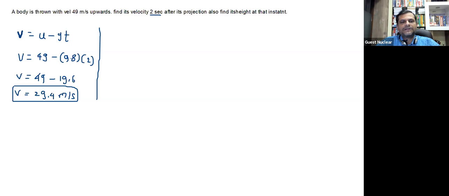तो उसके लिए देखो ठीक से. So we have that h is equal to ut plus minus half gt square.